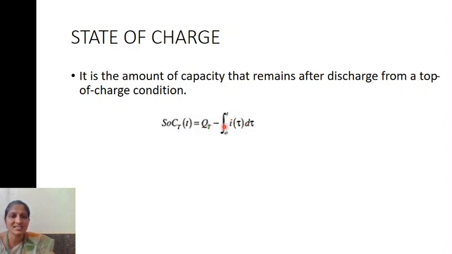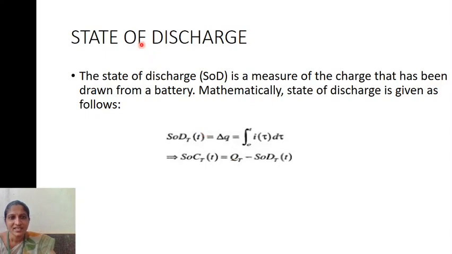So total charge minus state of discharge is the SOC. Now the state of discharge, SOD, is the integral of I(t) dt. It is a measure of the charge that has been drawn from a battery. Mathematically, it is denoted as SOD equals the integral from 0 to t of I(t) dt. So SOC is total charge QT minus the state of discharge.